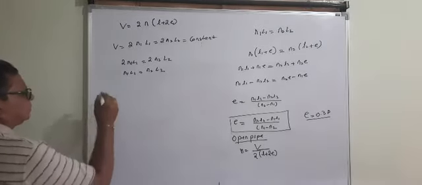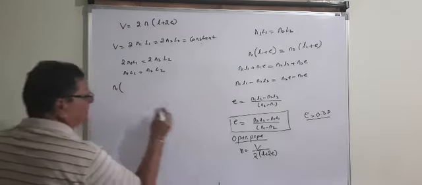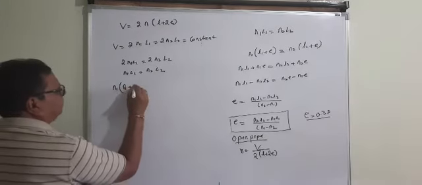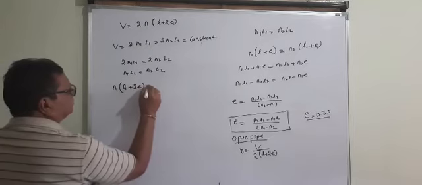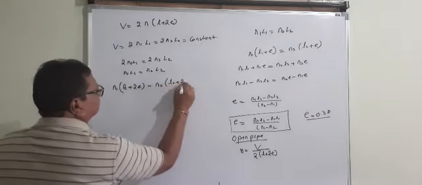Further, N1 L1 is what? N1 times L1 plus 2E, N2 times L2 plus 2E.